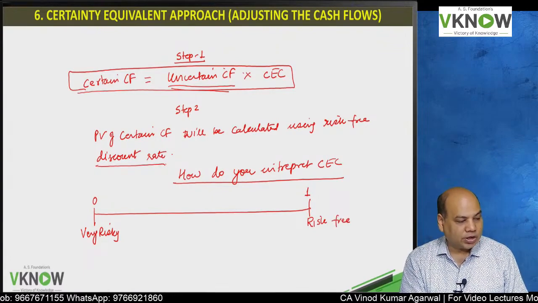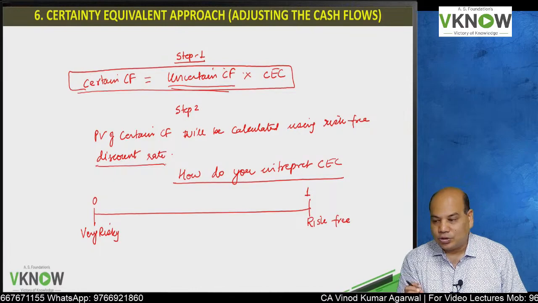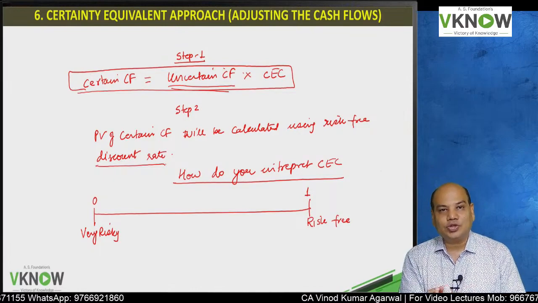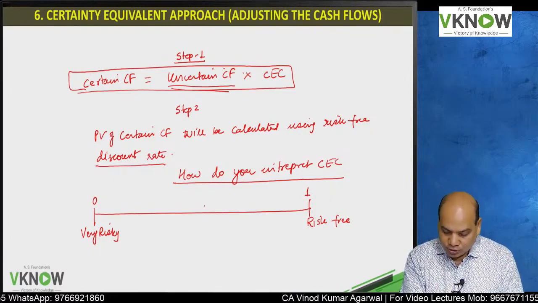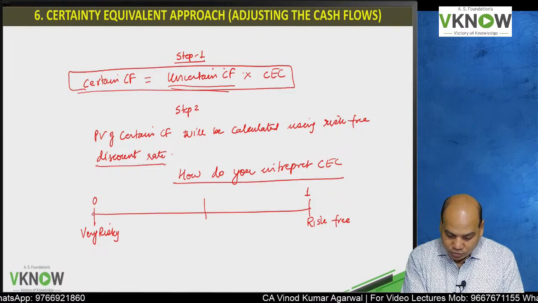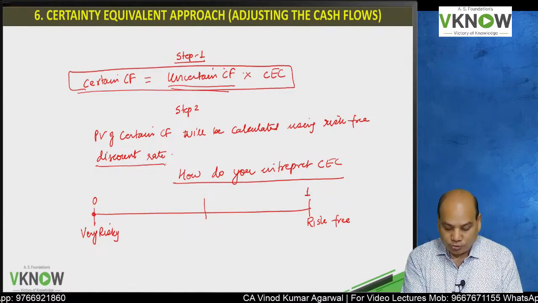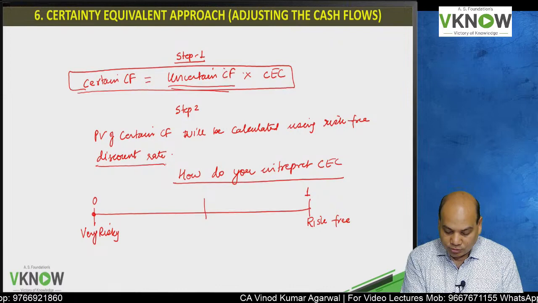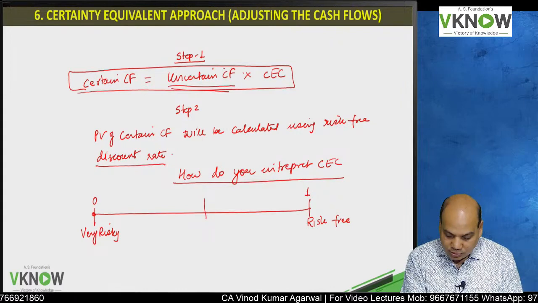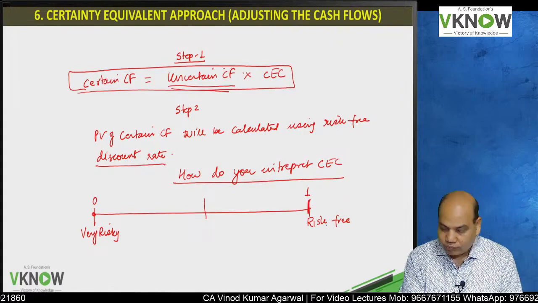When your certain cash flow and uncertain cash flow both are the same, the ratio will become 1. So if you are near 0, risk is more. If you are near 1, risk is less.